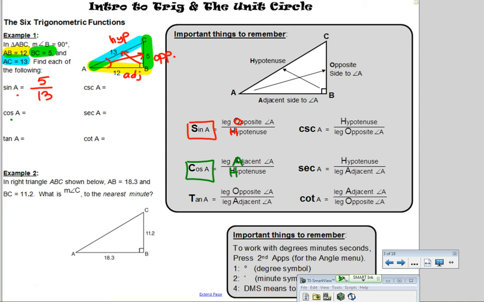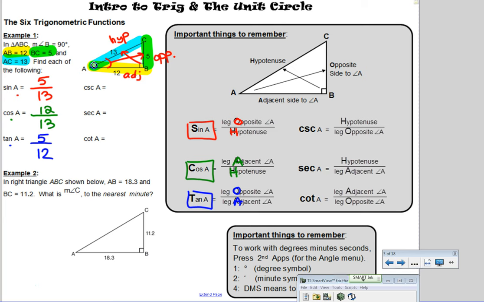The adjacent side in our problem is 12, and the hypotenuse is 13. And then lastly, tangent. Tangent is equal to the opposite side over the adjacent side. In our problem, the opposite side was 5, and the adjacent side is 12.